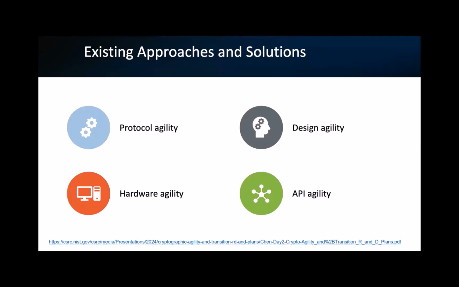And then design agility, because from the point of view of when you are designing the protocol, this agility can also be enforced, and then API agility. These APIs are usually what the standardization of cryptographic protocols tries to standardize, and at the moment they are not agile.